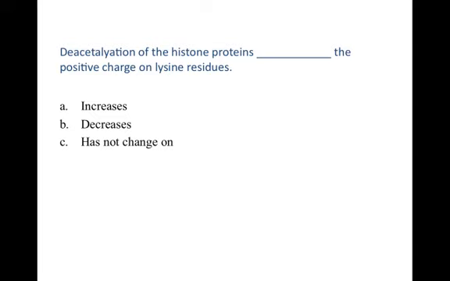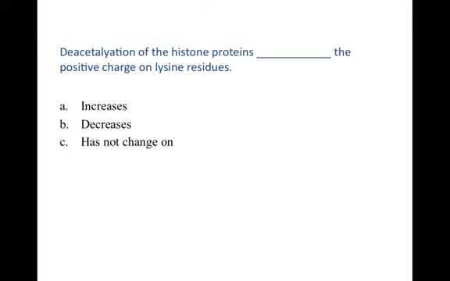Let's first remember what acetylation does to a histone molecule. Acetylation on lysine residues decreases the positive charge on lysines. This decreases the affinity of histones for DNA, allowing the DNA histone complex to become unraveled.